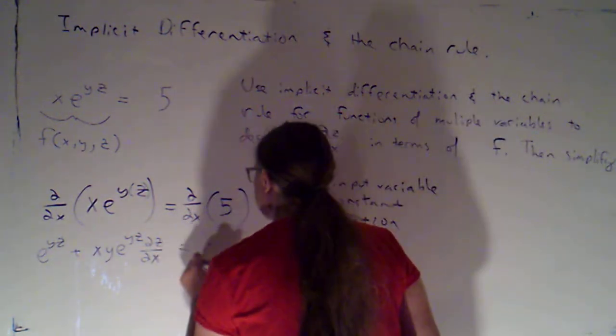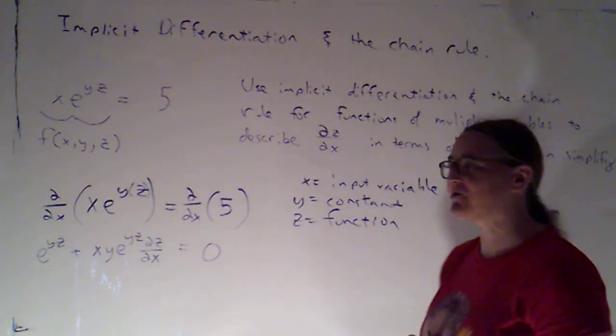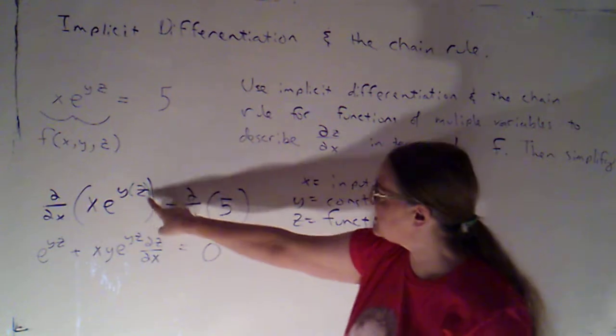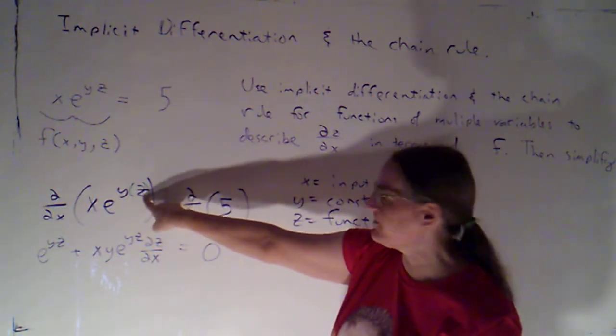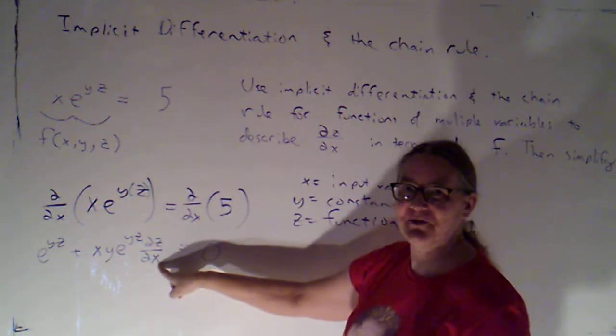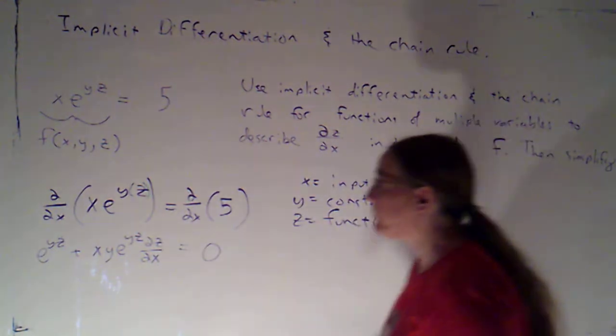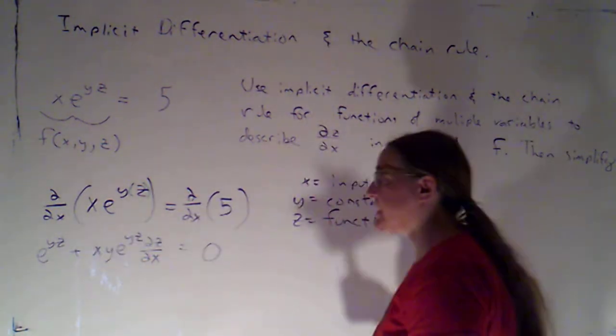And of course, the right-hand side, we're taking the derivative of a constant, so we will get a lovely 0. Quick check, z occurred just once in my formula, so I only wrote the symbol del z del x the one time. And now, of course, I could solve for it. I'm going to subtract that over and divide by this.